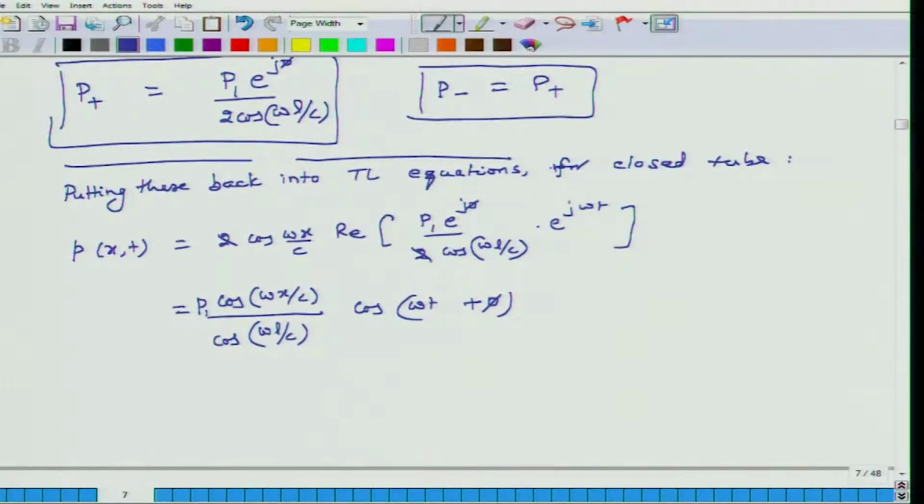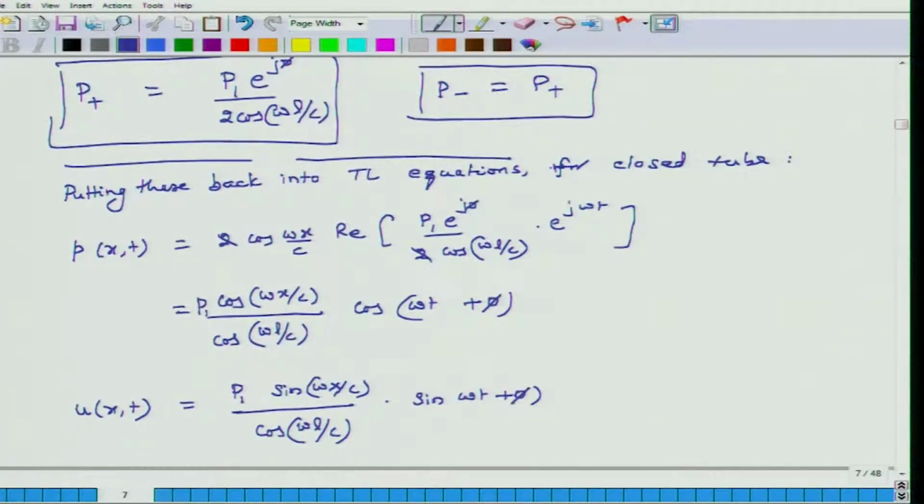And if I do the similar math, what I get is that u of x and t equals P1 sine of omega x over c divided by cosine of omega L over c times sine of omega t plus phi. Okay. So this is the expression for pressure.